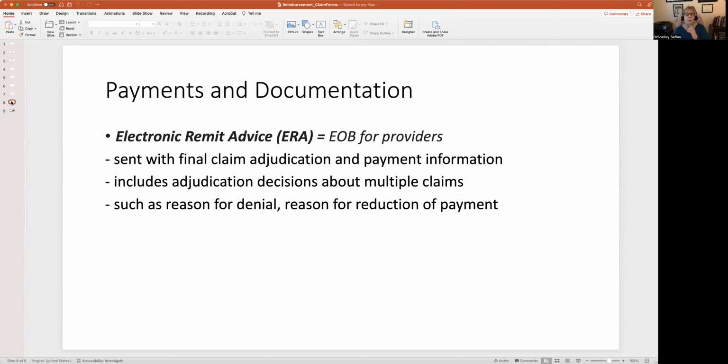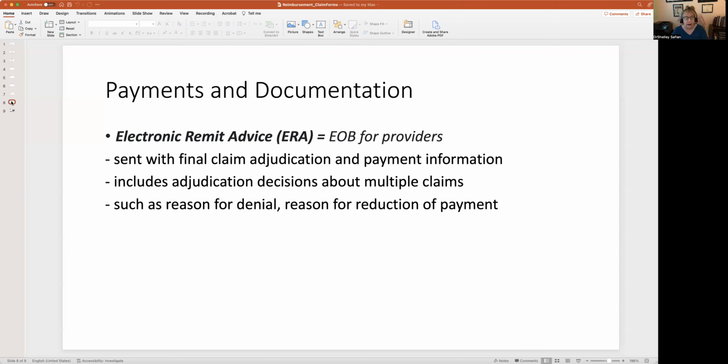Okay. Well, the provider who submitted the claim gets a similar documentation, but instead of an explanation of benefits, it's called the electronic remit or remittance advice, ERA. The difference is, of course, because the providers have multiple patients.